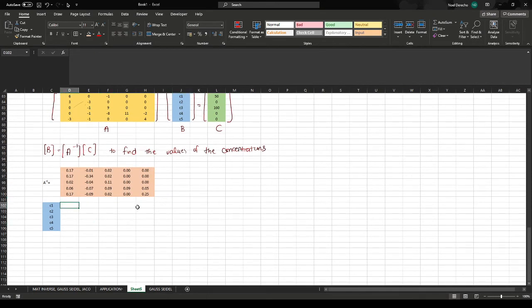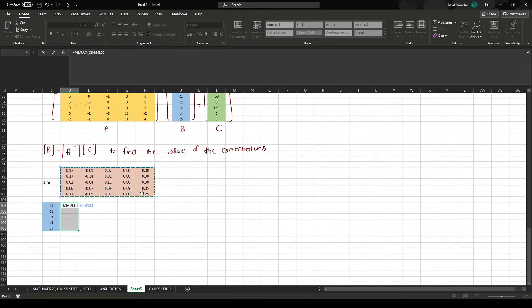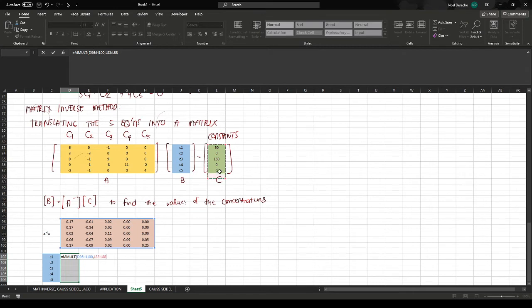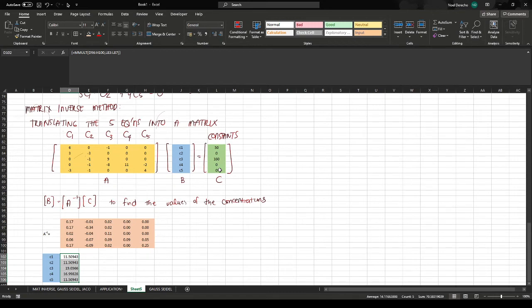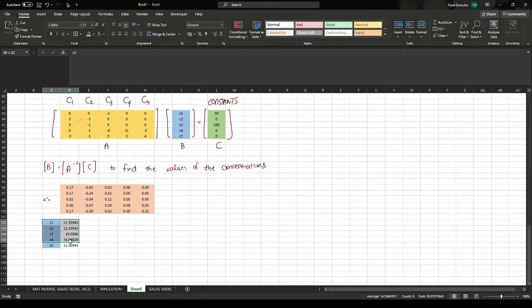So our C1, C2, C3, C4 is equivalent to multiplying the inverse matrix A times, comma, the second array, which is the constants, which is here, and control shift enter. So yeah, so this is the value for your C1, C2, C3.